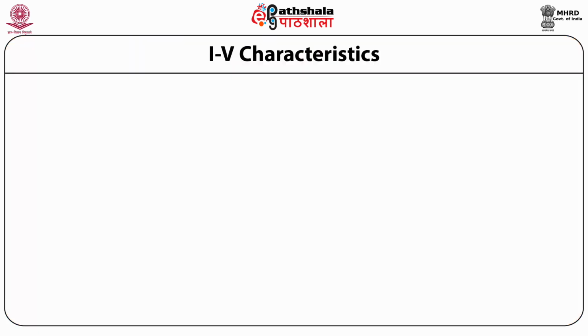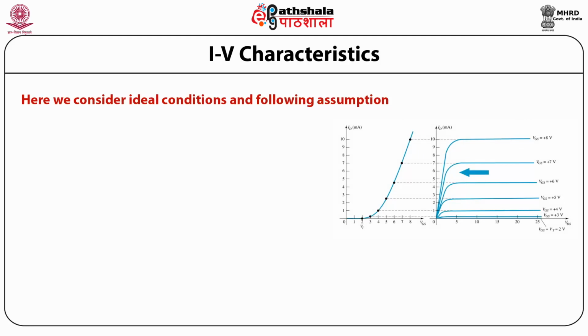Let us now discuss the IV characteristics of the MOSFET in detail. Here we consider ideal conditions and the following assumptions. First, the gate implies an ideal MOS, that is, no charge in the oxide and phi ms equal to 0.